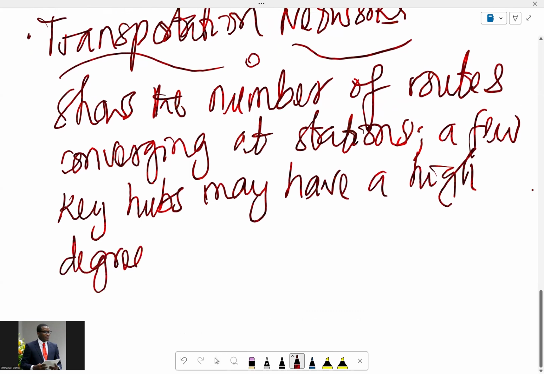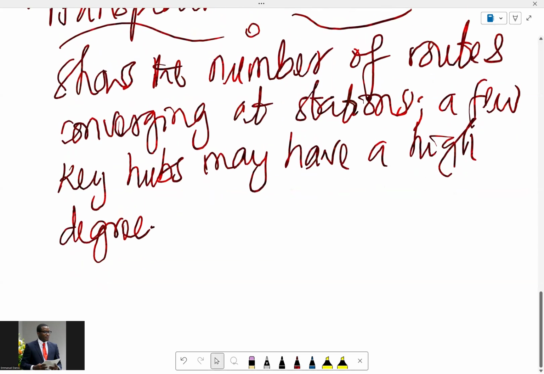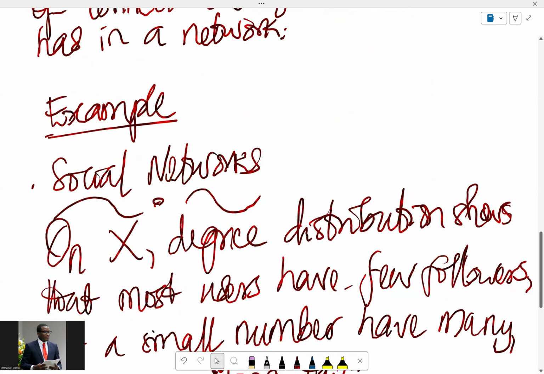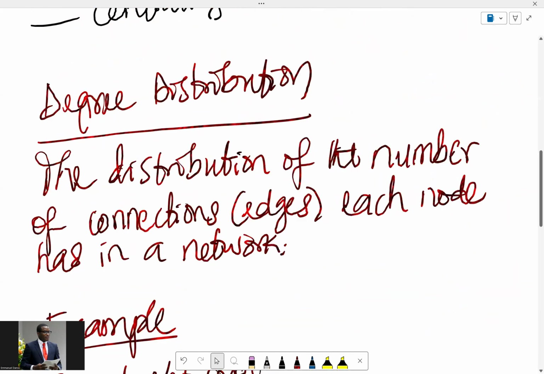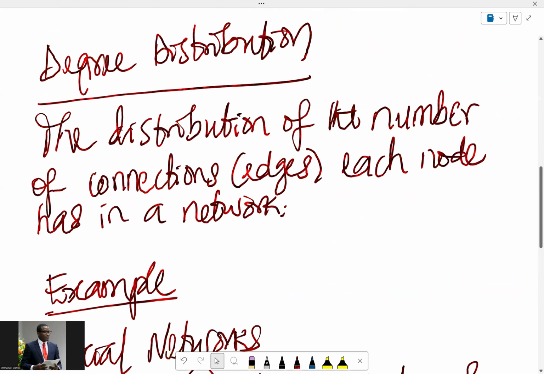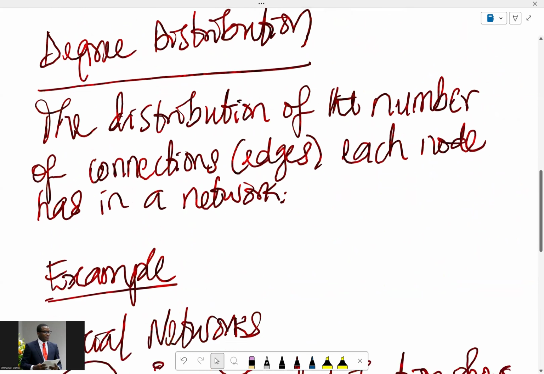For instance, if you compare stations in Tokyo, Osaka with maybe more interior places like Sendai, they are totally different, because you have more routes leading to stations in Tokyo than maybe a place like Sendai. So that is degree distribution. It's simply the distribution of the number of connections or edges each node has in a network. I think it bears close resemblance to degree in graph theory.